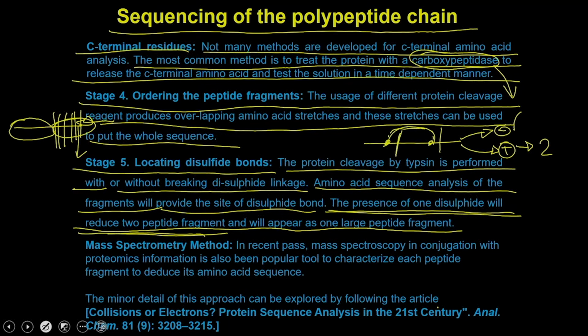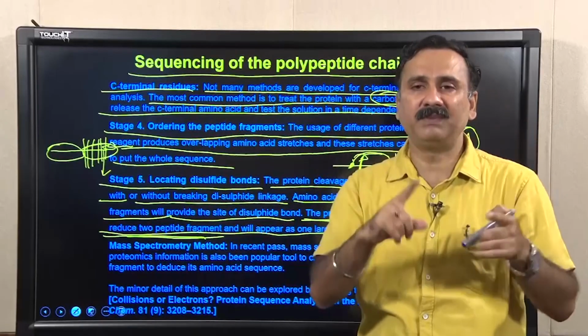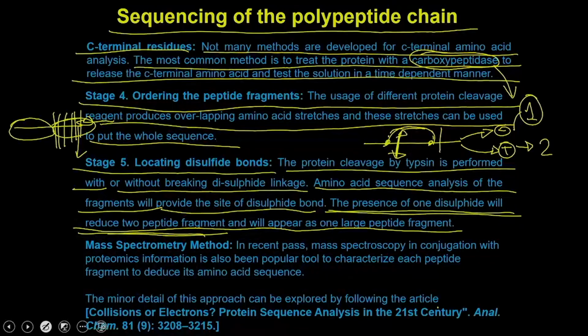So even if trypsin cuts here, it will only give you one peptide fragment, because the fragments are not separated, as they are joined by the disulfide linkage. That gives you the information that a disulfide linkage is present between these two peptide sequences.